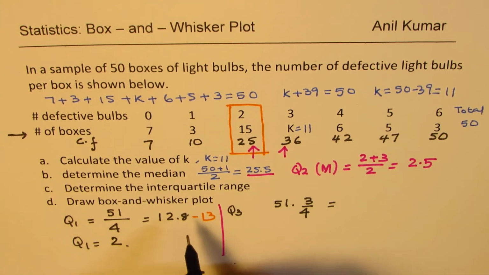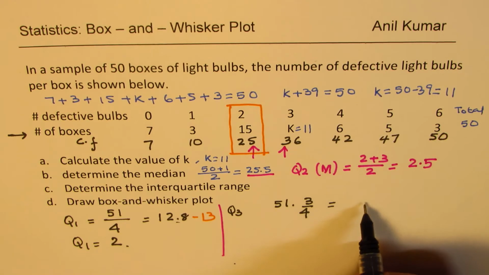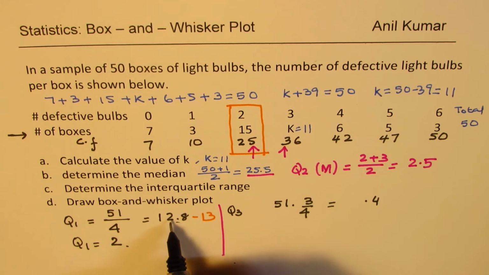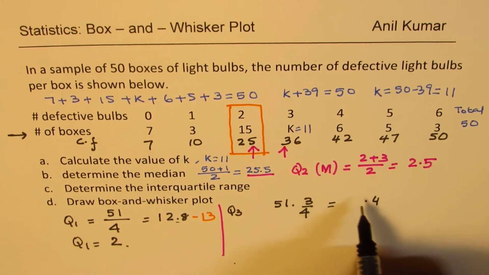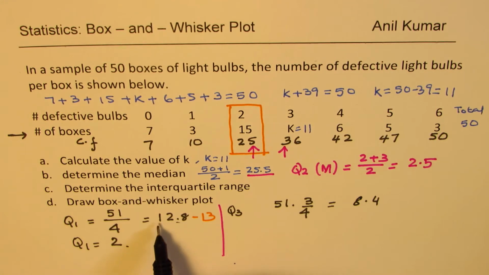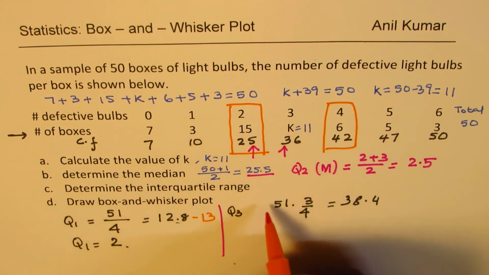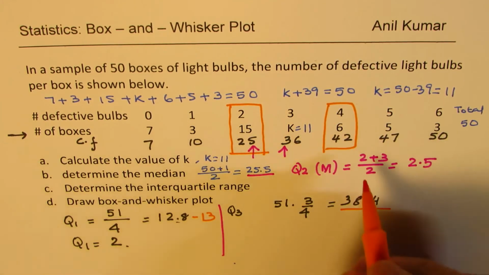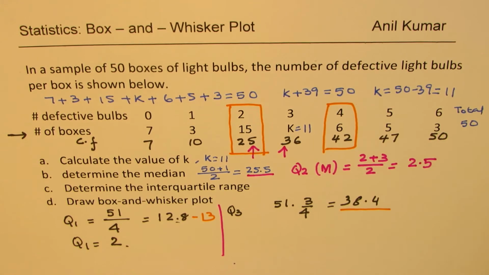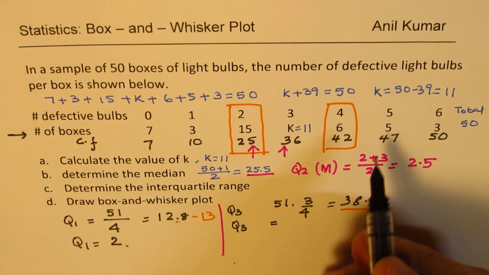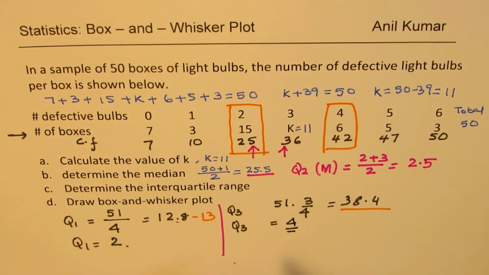So that gives us 3 times 8 is 24, 3 times 2 is 6 and 2 is 8, and 3 times 1 is 3. So we're looking for a number which is 38.4. So 38.4 will lie in this group. Correct? So Q3 for us is 4. Q3 is 4.